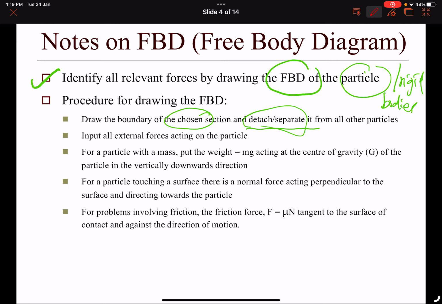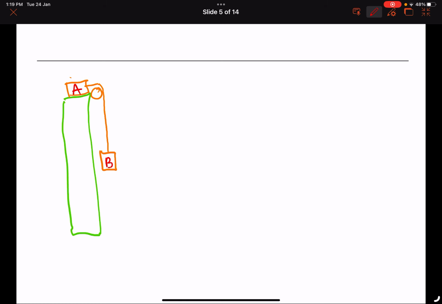So based on this procedure, you have to draw the boundary of the chosen one, number one. So you have to draw the chosen. Let's say you choose boundary B, which is block B. So you have to draw B only, and detach it from other particles.